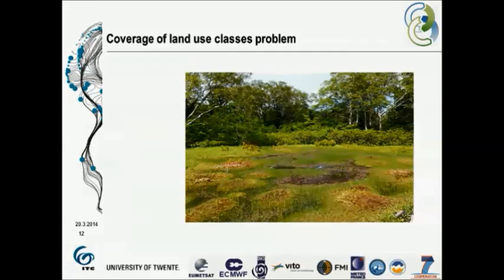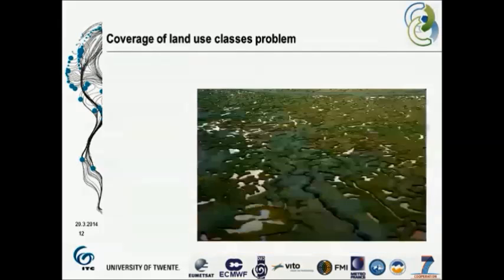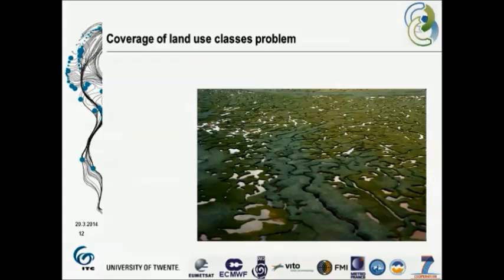Also, then more shrubby places, a mixture of several classes, like sandy areas and bushy and forested areas. And with this kind of very strange looking vegetation, you can just imagine that if the season changes in this kind of area, the fraction of open water certainly varies.